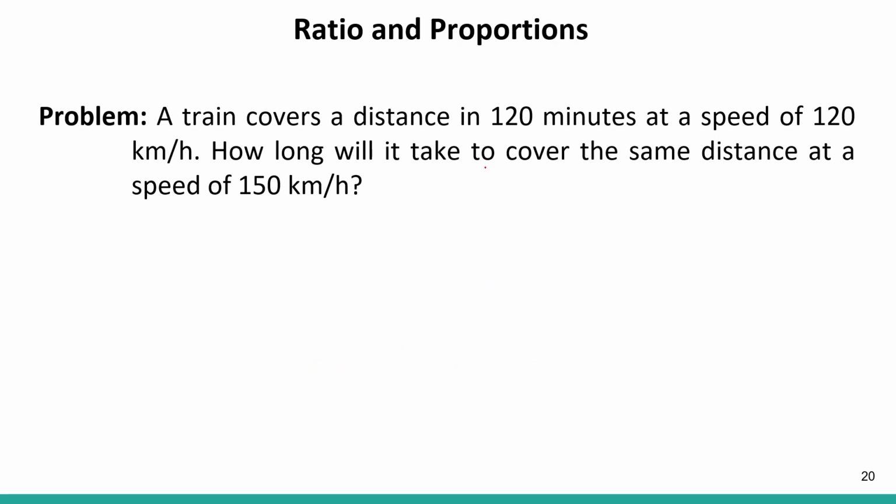A train covers a distance in 120 minutes at a speed of 120 km per hour. How long will it take to cover the same distance at a speed of 150 km per hour? So basically the train speed is 120 kmph, kilometers per hour, and it covers a distance in 120 minutes.